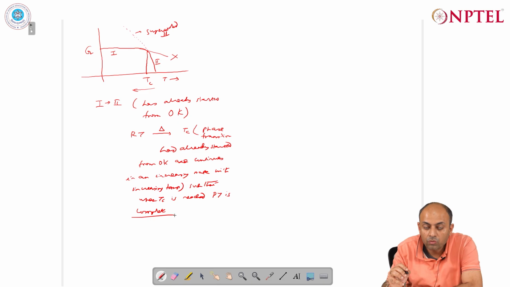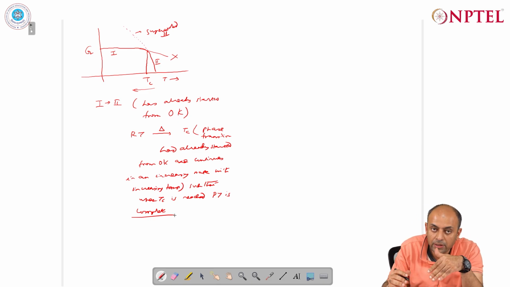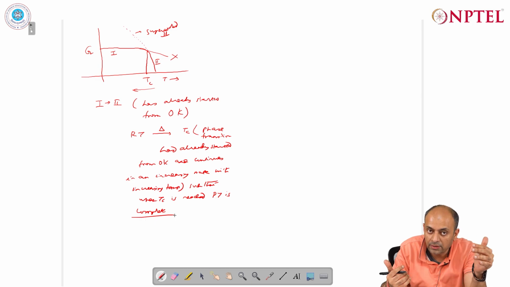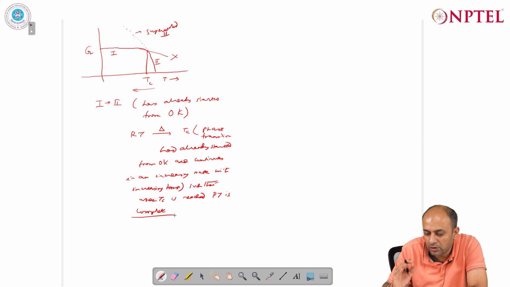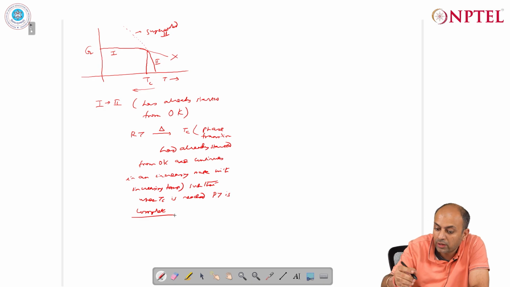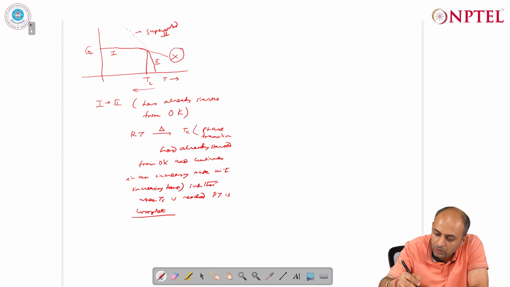Now when you go across the phase transition temperature, there is no reason for a discontinuity in the entropy change or the enthalpy change, because the process has been happening in a continuous manner, and essentially this tells you that when you reach Tc, the conversion from 1 to 2 is already complete. So there is no reason why you should be able to superheat 1, because 1 had already completely converted into 2.